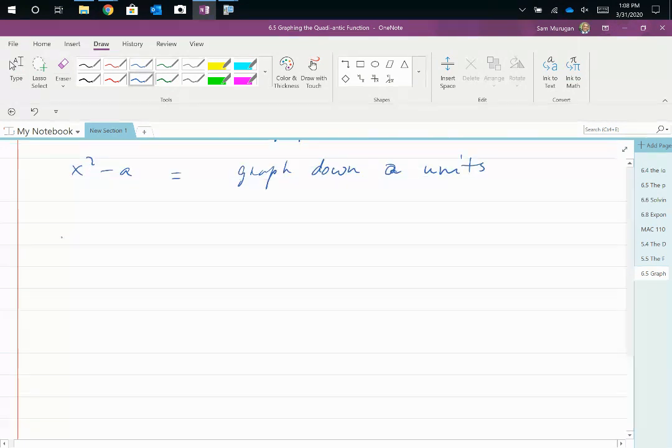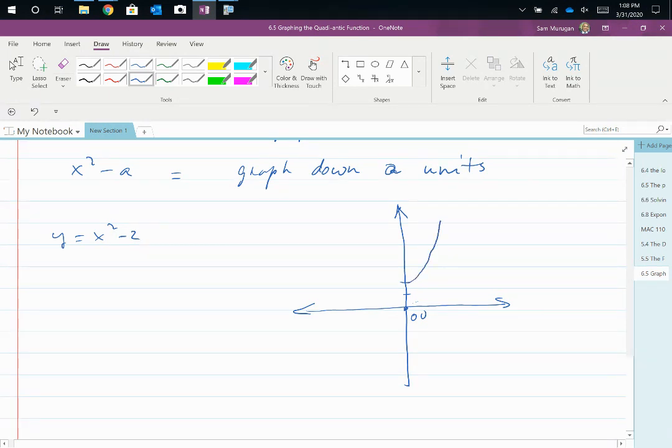So a graph of, say, y equals x squared plus 2 would move the original graph up. Remember, the original graph was at 0, 0. And if we went up 2 places, the whole graph would be up 2 places that way. So the vertex would now be at 0 and 2.